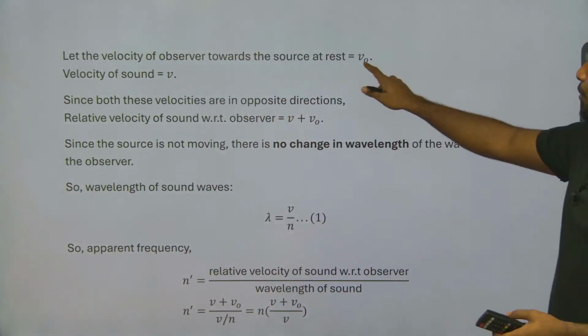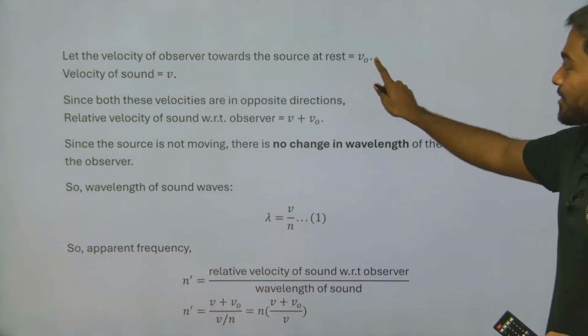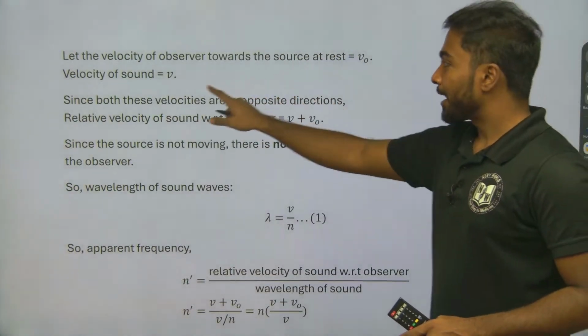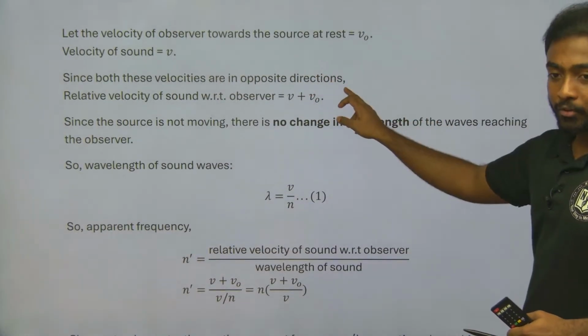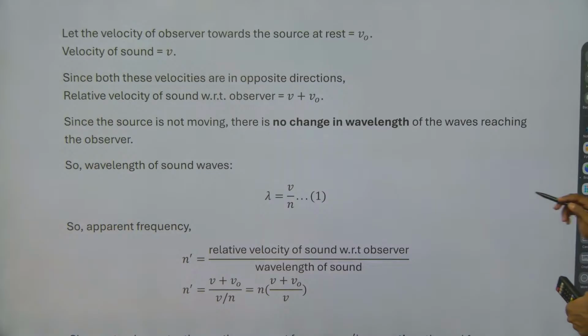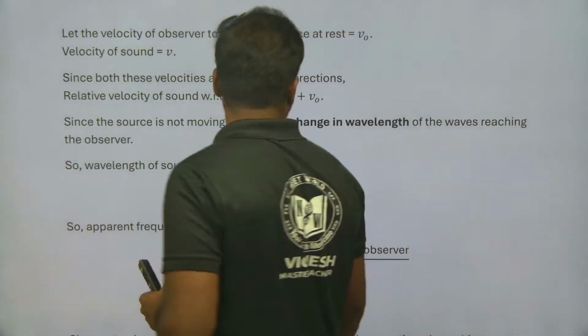So v naught is the velocity of the observer towards the source, which is at rest, and v is the velocity of the sound, right? Since both velocities are in opposite directions, first of all we need to understand relative velocities. Let me explain.